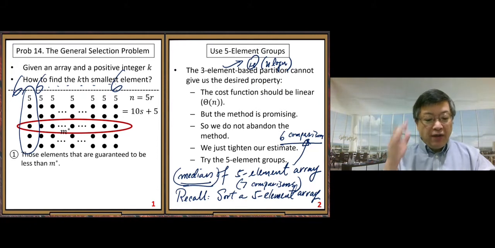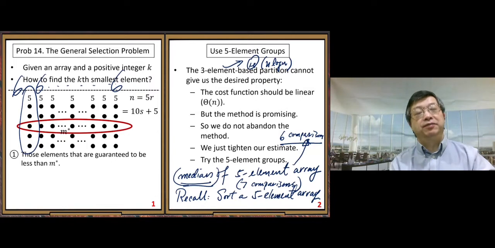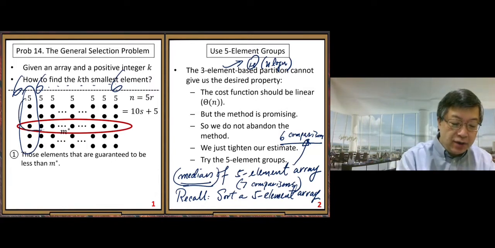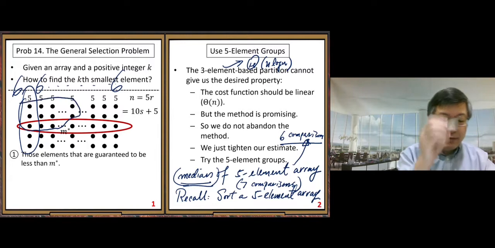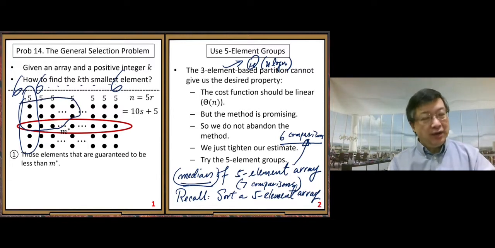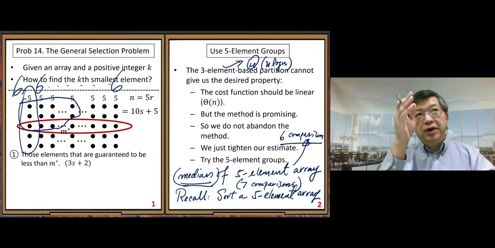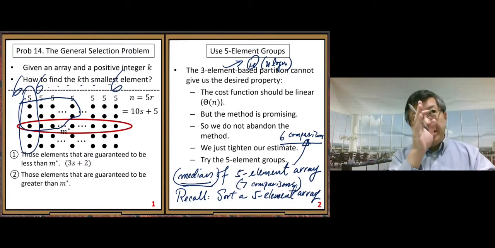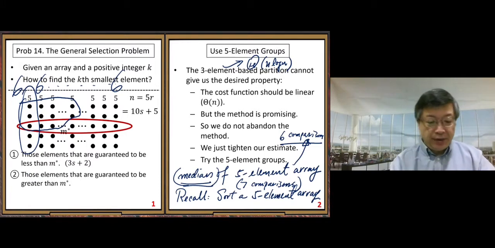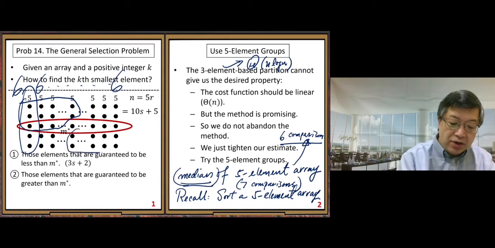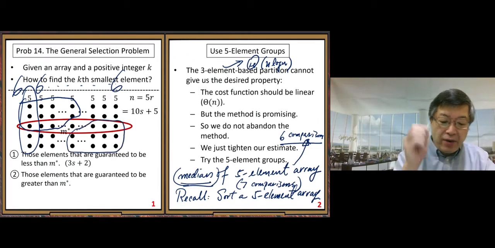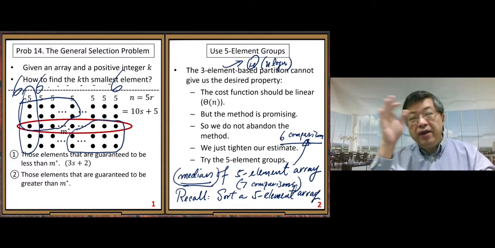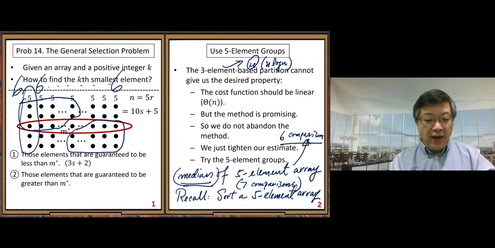The first group is those elements that are guaranteed to be less than M star. You can see this circle: guaranteed to be less than M star, a total number of 3s plus 2. Set 2 is those elements that are guaranteed to be greater than M star, again 3s plus 2.